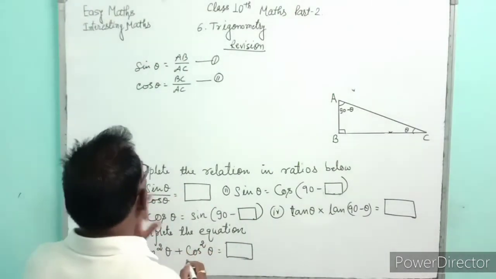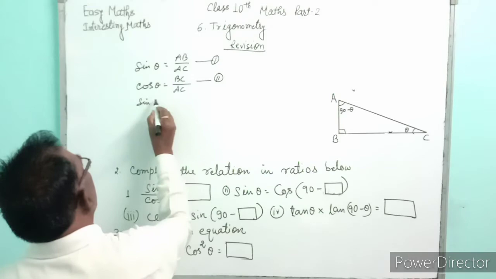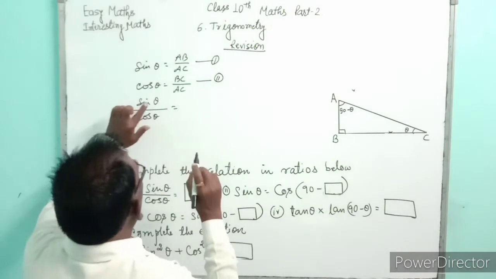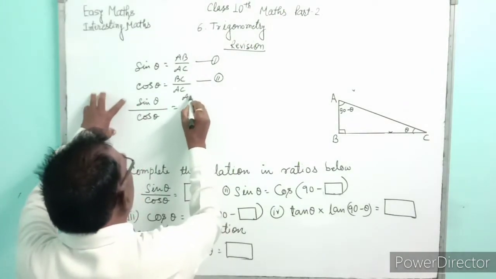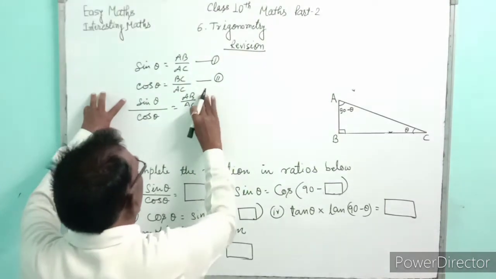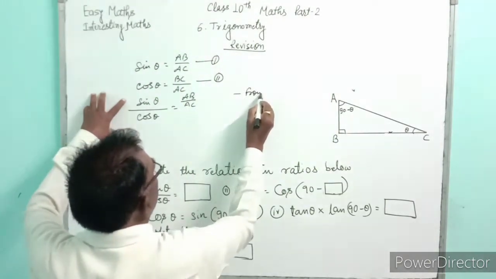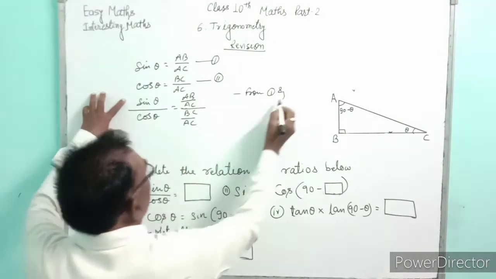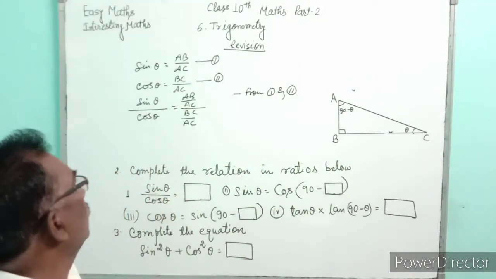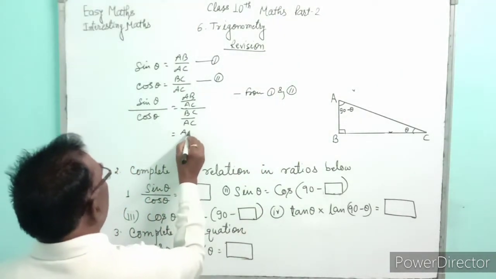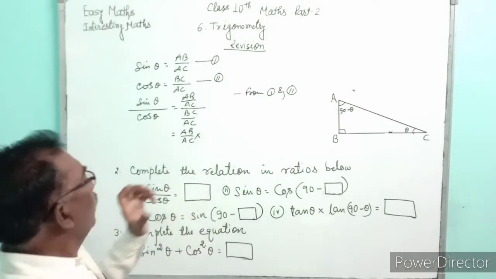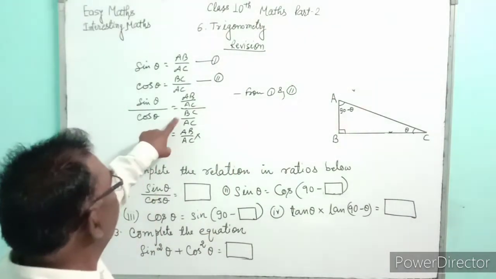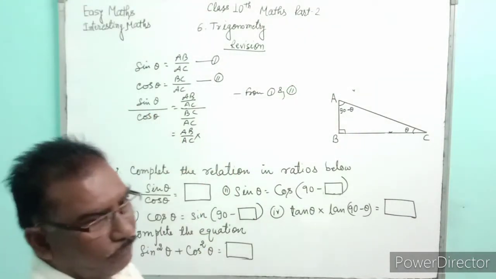Now sin theta divided by cos theta. So what is the value of sin theta? AB upon AC, divided by BC by AC, from 1 and 2. Now AB by AC into the reciprocal of BC upon AC.